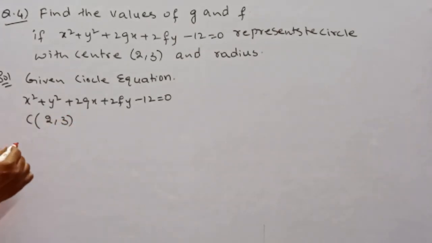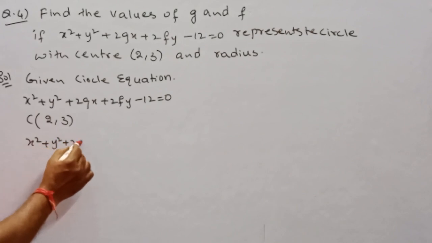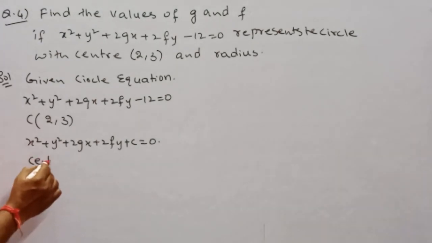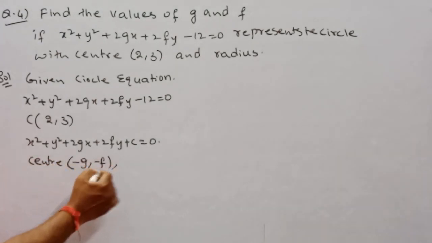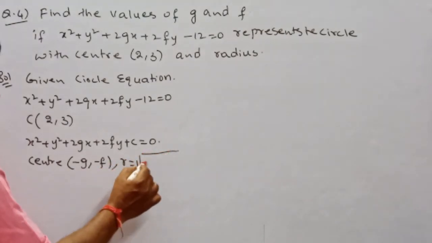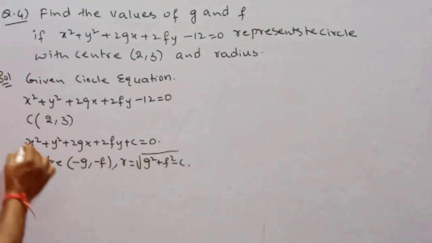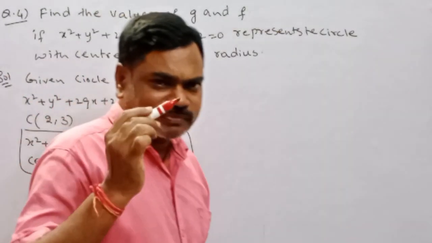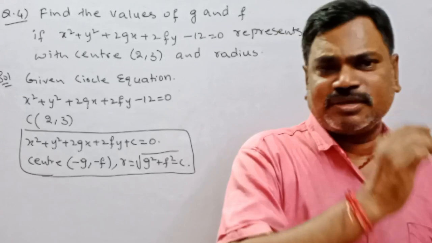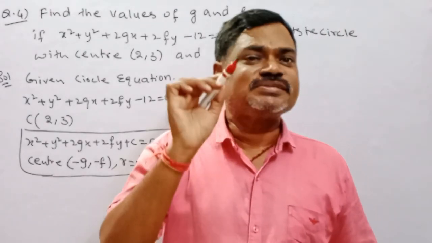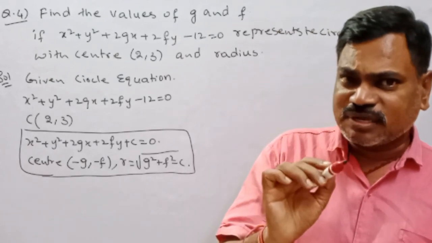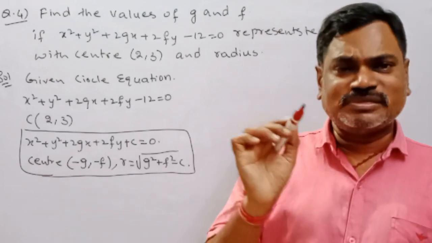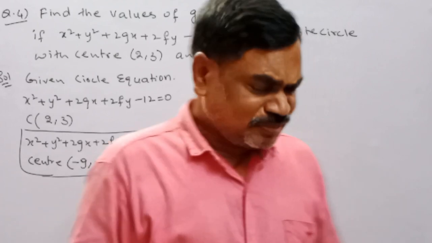Generally, x square plus y square plus 2gx plus 2fy plus c equal to 0 represents a circle equation, with center minus g comma minus f and radius r equal to root over g square plus f square minus c. This is the formula.